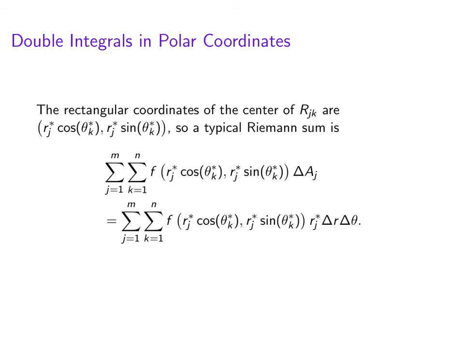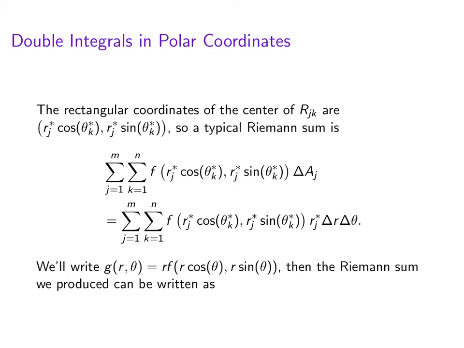A typical Riemann sum for the integral would look like this. So ultimately we can rewrite delta A sub j as r sub j star delta r delta theta.